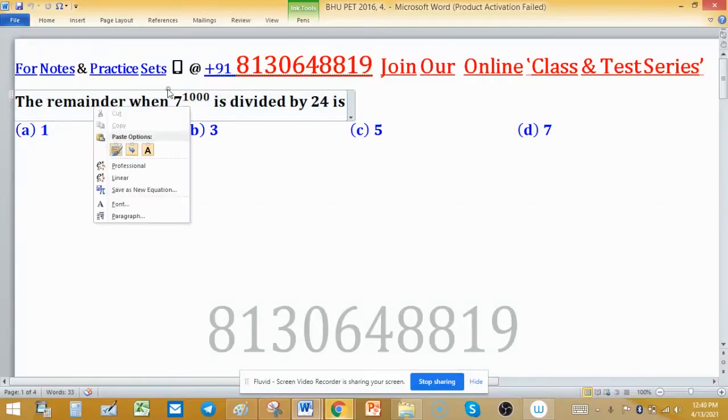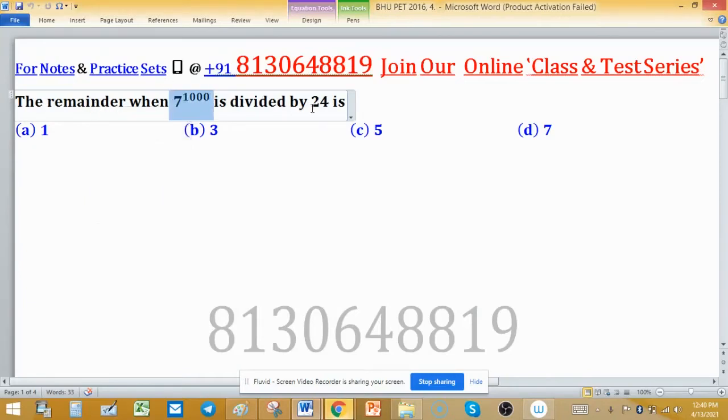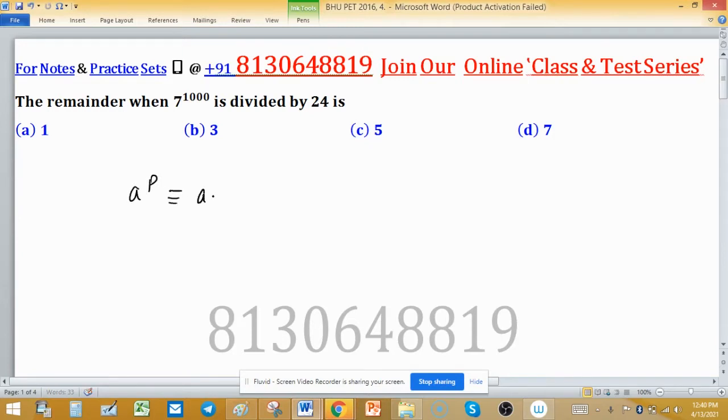The remainder when 7 raised to the power 1000 is divided by 24. You can solve this problem by Euler's theorem, or Fermat's theorem, which is a special case of Euler's theorem. Fermat's theorem says a raised to the power p is congruent to a mod n.